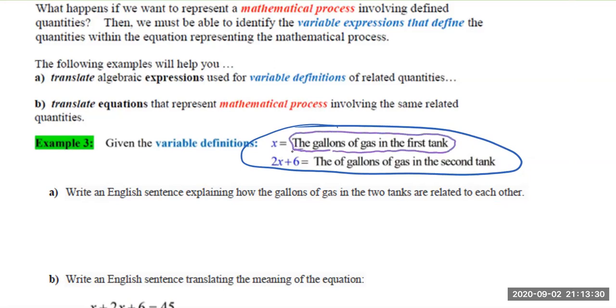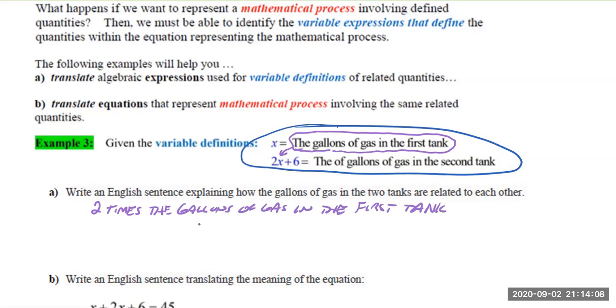and just partially substitute, partially translate what this would say. Instead of saying 2X plus 6, it's basically represented as 2 times, well, X is the gallons of gas in the first tank, so 2 times the gallons of gas in the first tank, that's X, plus 6.